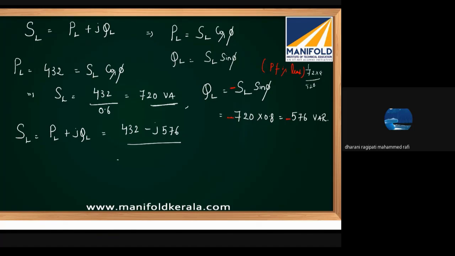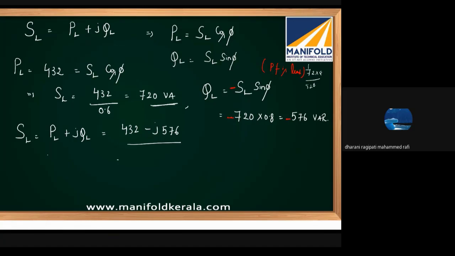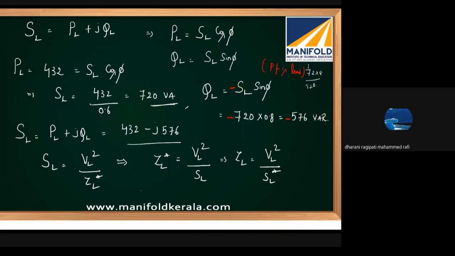Okay. So now what is the formula? We know that SL is equal to VL square by ZL conjugate, which further implies ZL conjugate is equal to VL square by SL, which further implies ZL is equal to VL square by SL conjugate. Sir, why are you not taking the conjugate for the numerator?